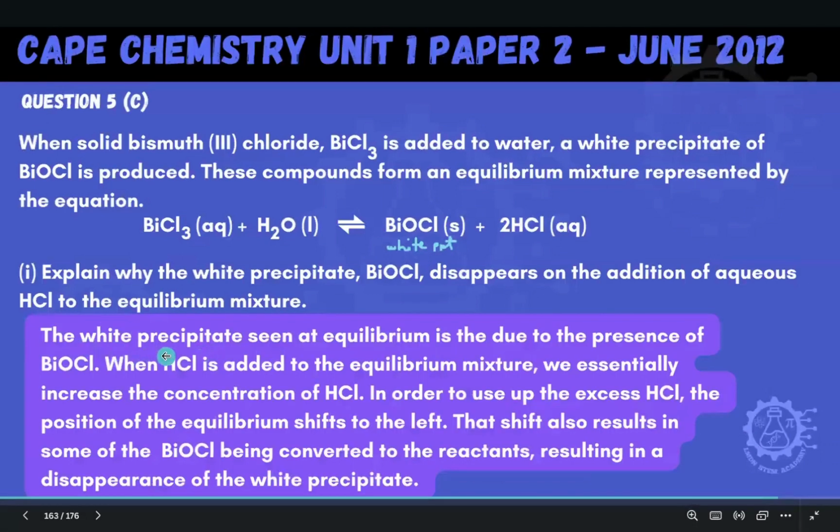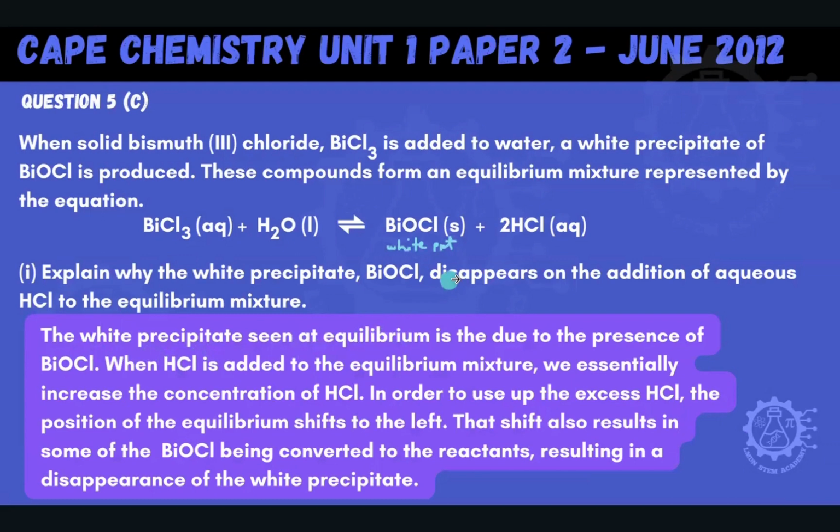The white precipitate seen at equilibrium is due to the presence of BiOCl. When HCl is added to the equilibrium mixture, we essentially increase the concentration of HCl. So I'm increasing that. In order to use up that excess of HCl that I just added, my reaction has to shift to the left, right?